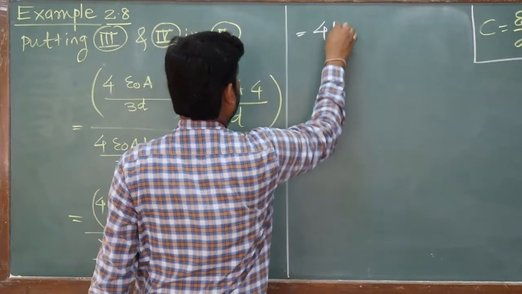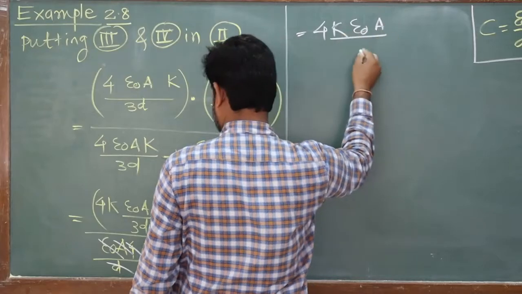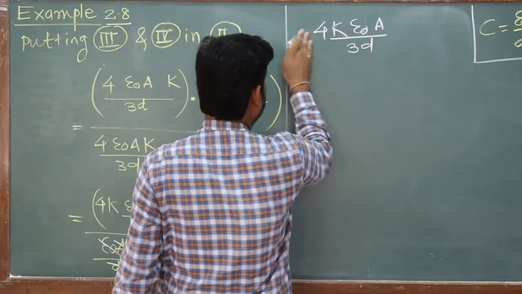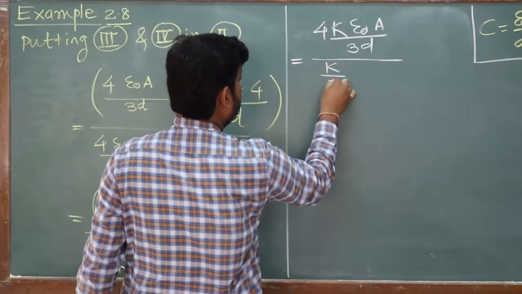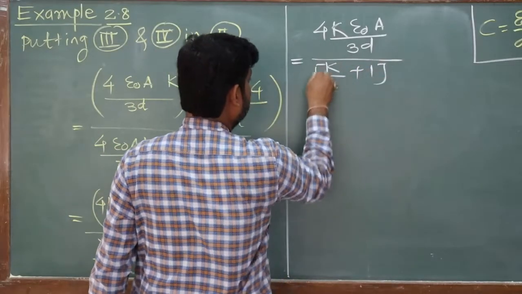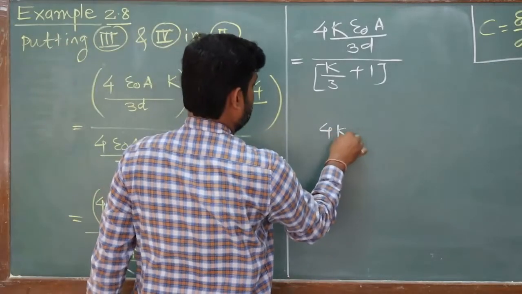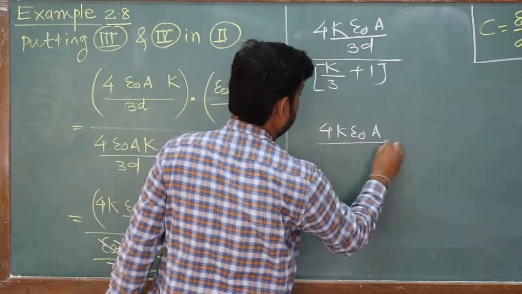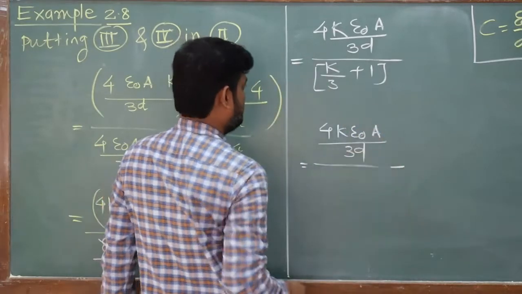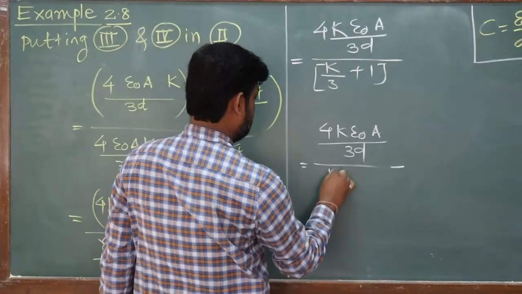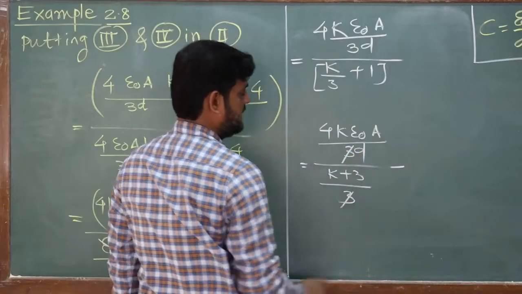That is 4 K epsilon 0 A by 3D divided by K by 3 plus 1 remains over here. Next, 4 K epsilon 0 A by 3D, taking the cross multiplication, that we will write K by 3 divided by 3. So these three get cancelled.